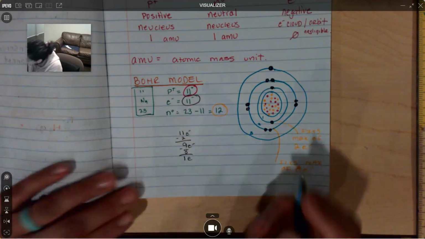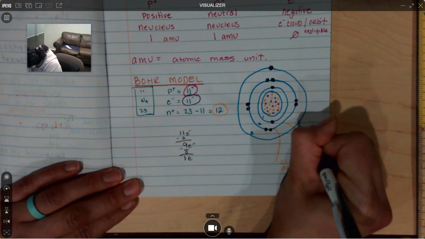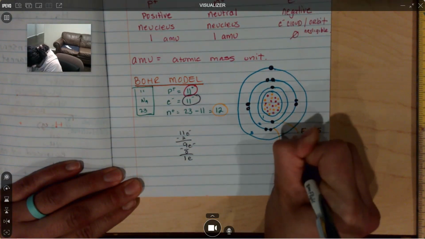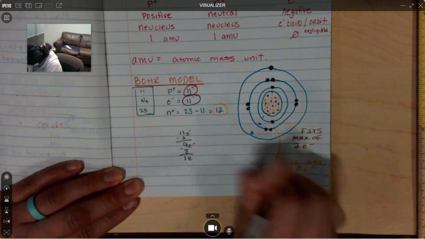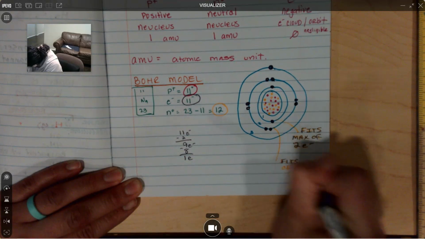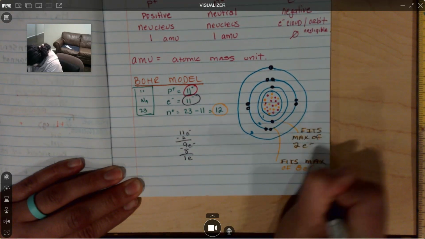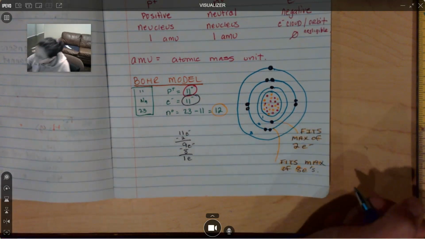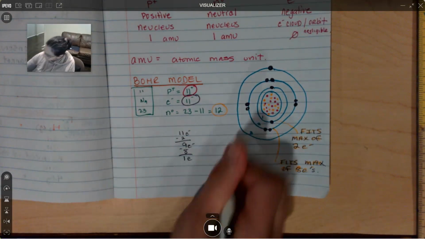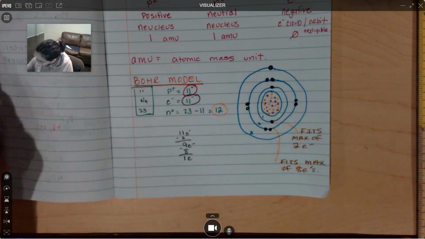I feel like you guys can't see that well, so here we go, fixed mass of 2 electrons. Okay. And energy level 3, right here.